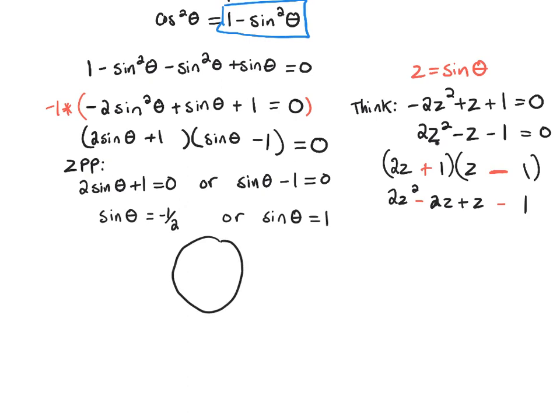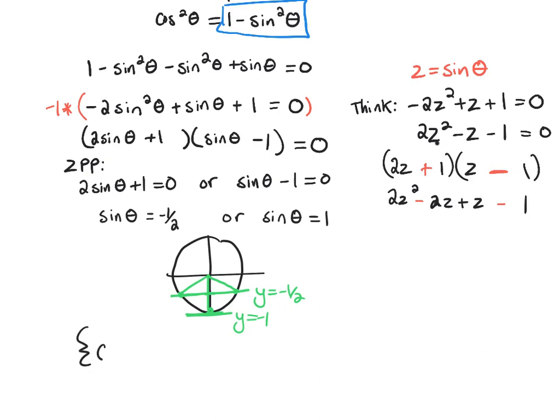So sine of theta equals negative 1/2, we've seen that before. In fact, we've seen it in this very set of notes. So here's the line y equals negative 1/2, intersects at 2 places, 7 pi over 6 and 11 pi over 6. And then y equals 1 is right here, and that intersects at 1 place.